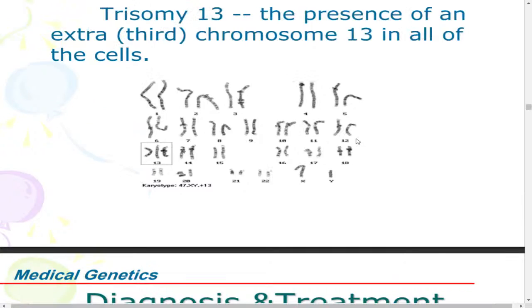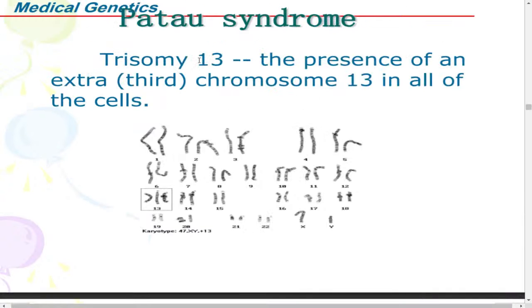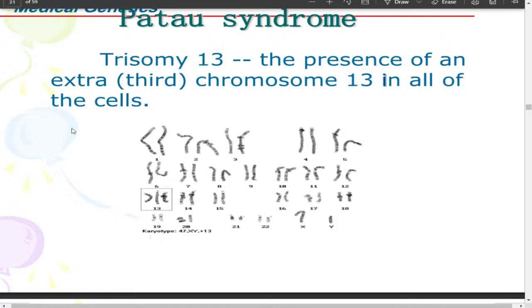Here we have an example of a chromosome syndrome problem. In chromosome disorders, trisomy 13 is the presence of an extra third chromosome 13 in all of these cells.